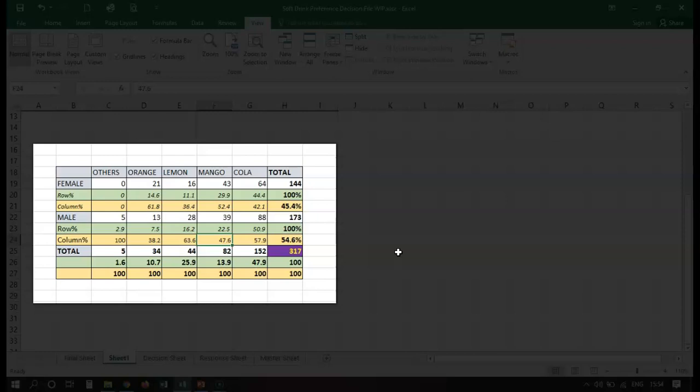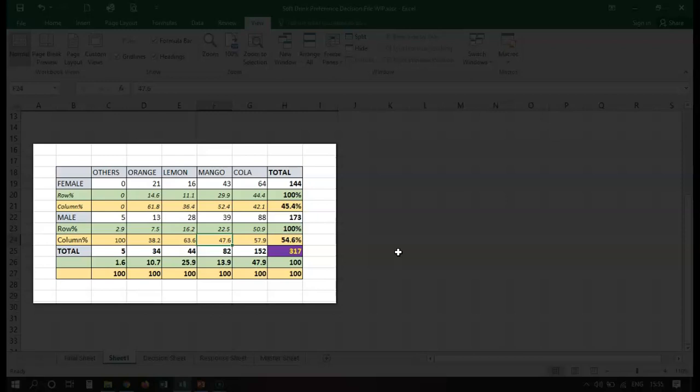But the situation changes a little when we talk about orange. In case of orange, 61.8% of the orange lovers are female. In contrast, only 38.2% of the orange lovers are male. So we have an idea of who actually loves what kind of flavor. Yes, we know that cola is the most favorite. 47.9% of the sample loved cola, but out of this, 58% are male.